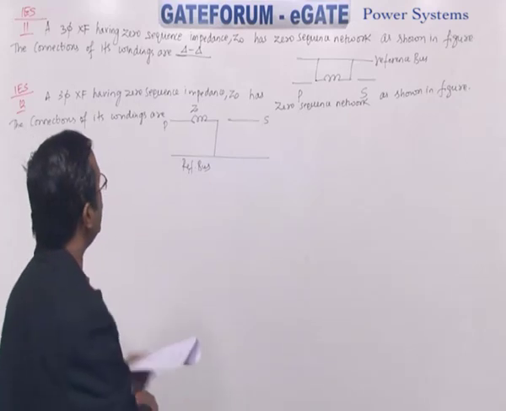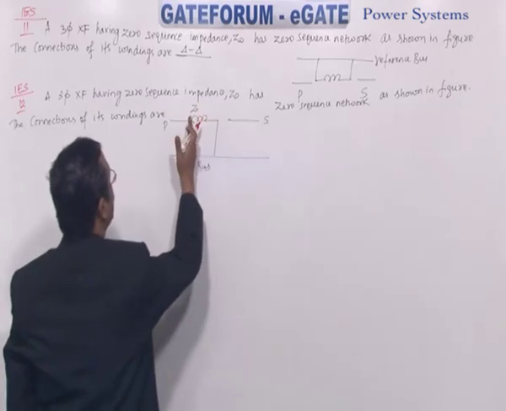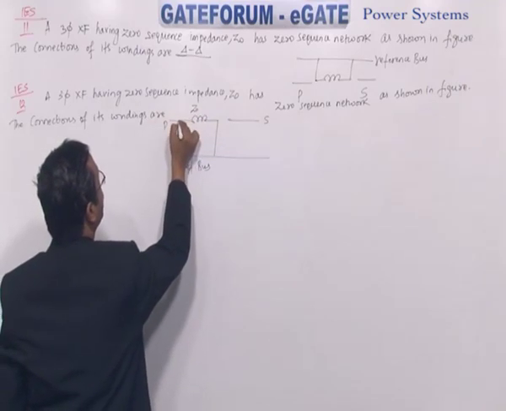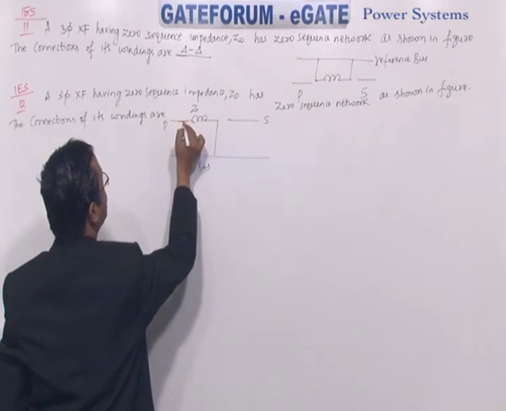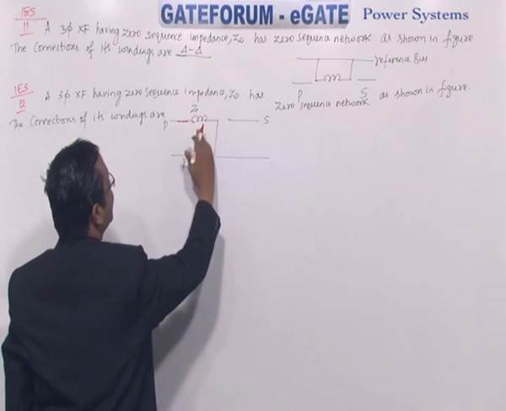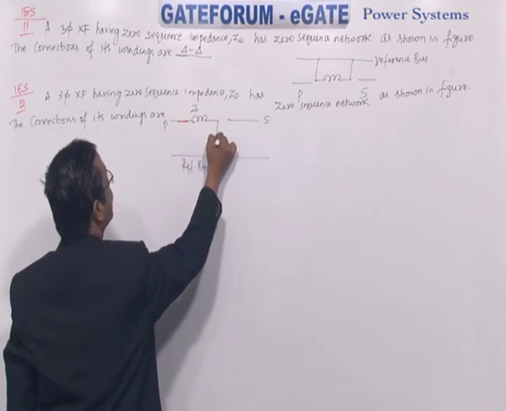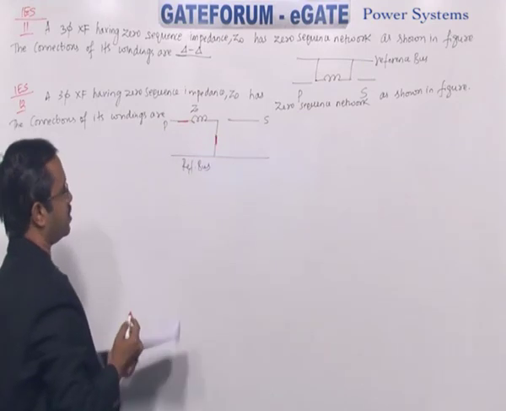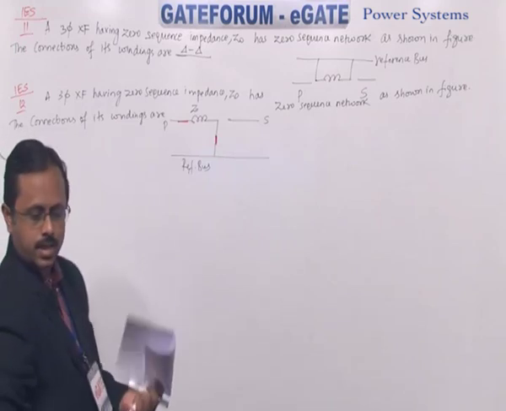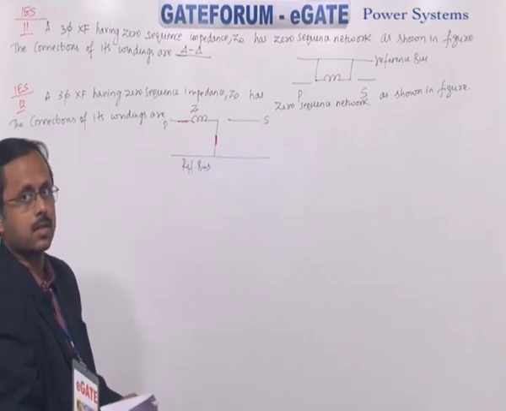Instead of XT0, it is given as Z0. On the primary side you verify the shunt switch is closed, the series switch is closed. Verify the secondary side, the shunt switch is closed.